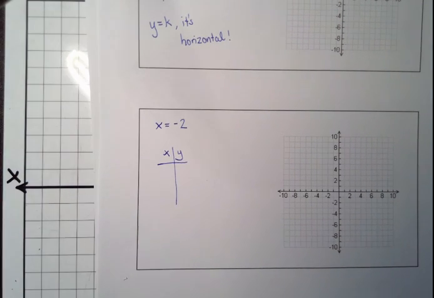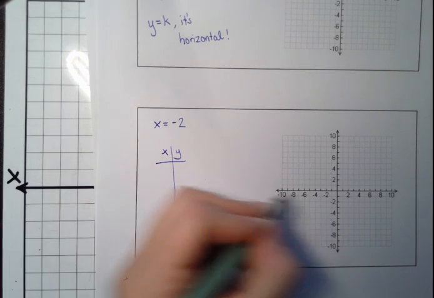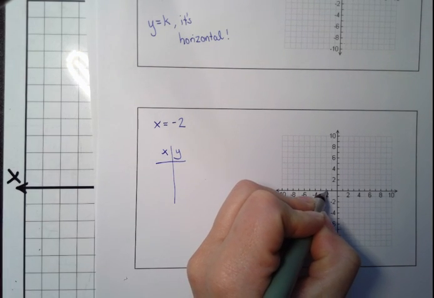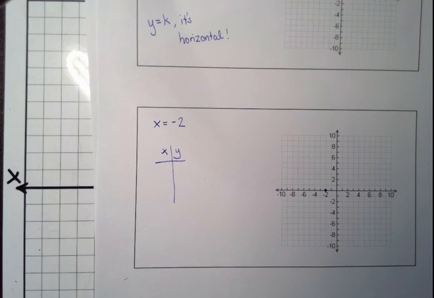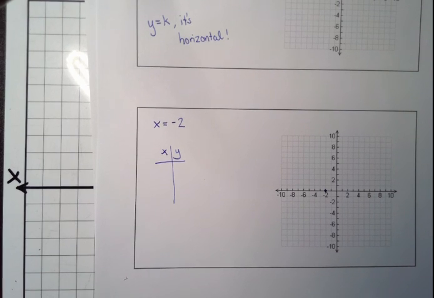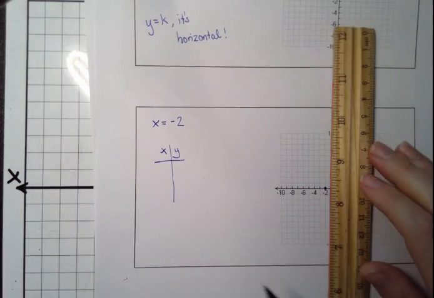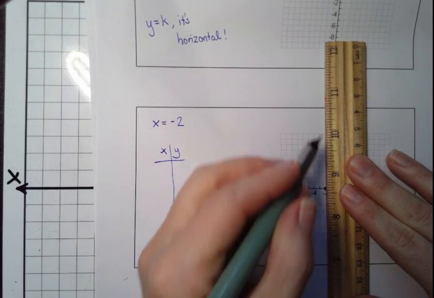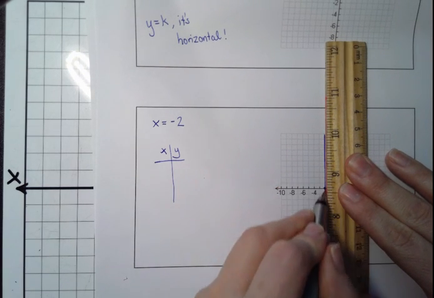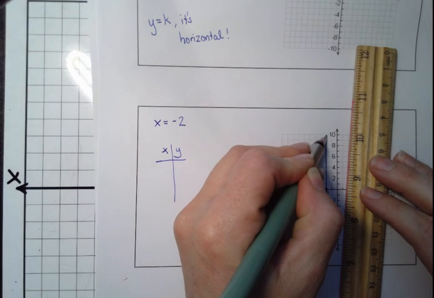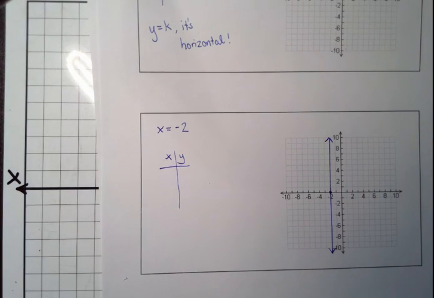And so what that means is I would find -2 now on the x-axis, which is right here. -2 on the x-axis. And I can just draw a line straight up and down because no matter what I try to plug in, x is always going to be right here at -2. It's a vertical line this time.